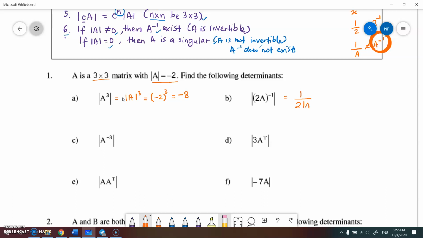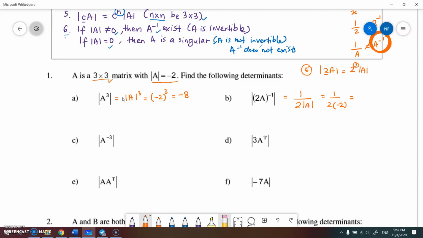Determinant A inverse is 1 over determinant A. Before that, you have to remember property number 5: if it is 2A, it is 2 to the power of N times determinant A, and if this is a 3 by 3 matrix, then to the power of 3.